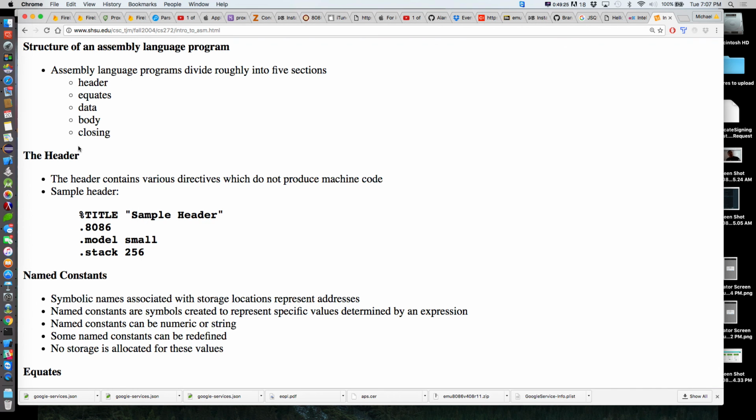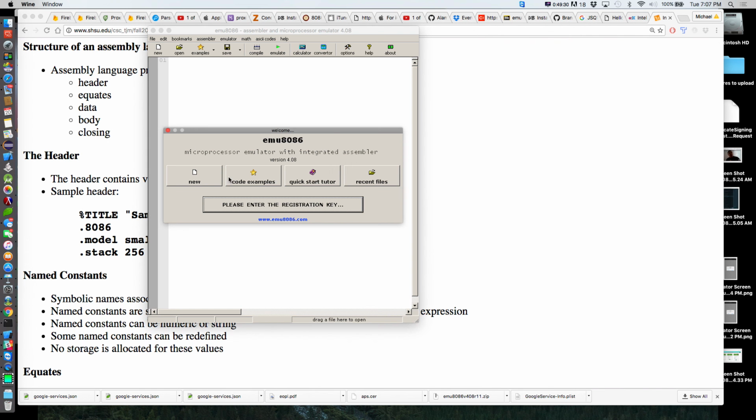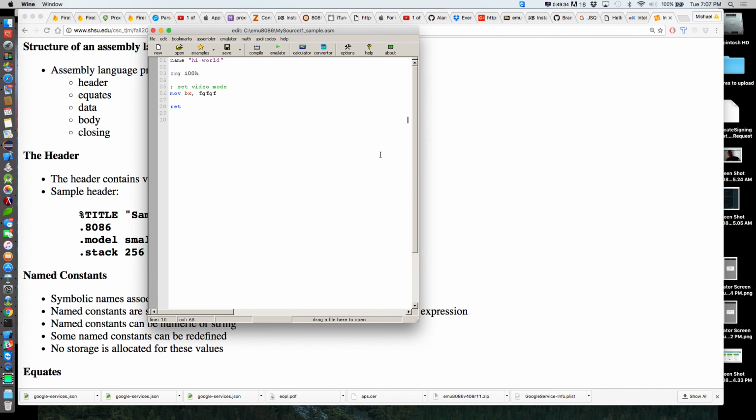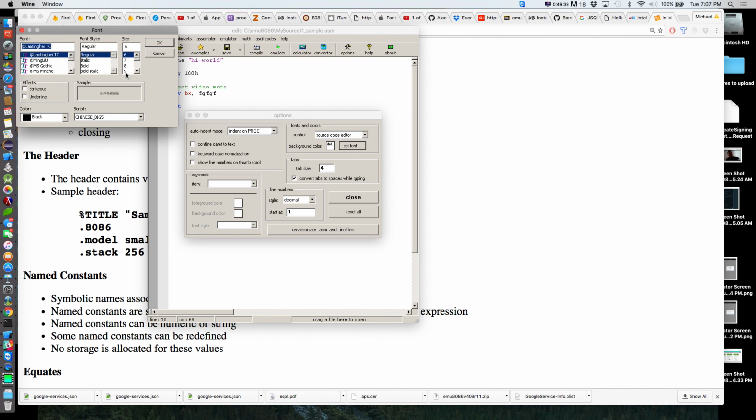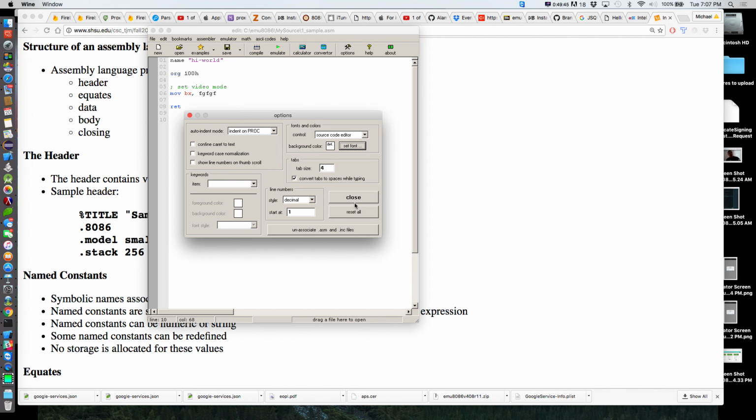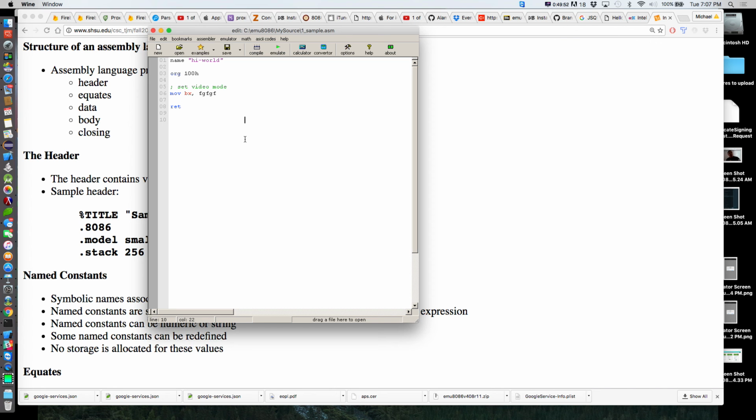We'll just save that and reopen it. Recent files. That's not any bigger. Windows is way better. Oh, this is just the way it is.